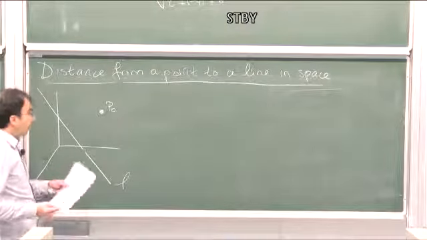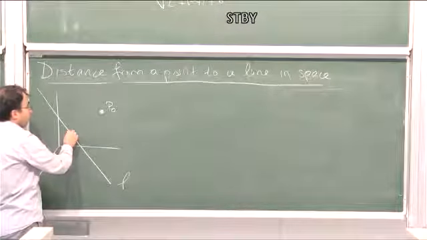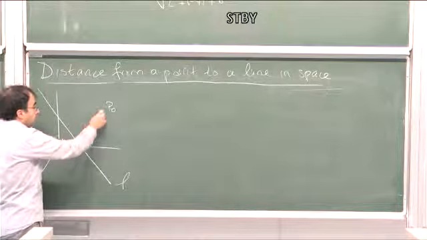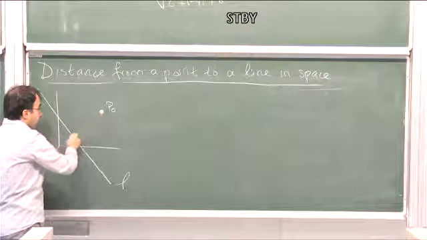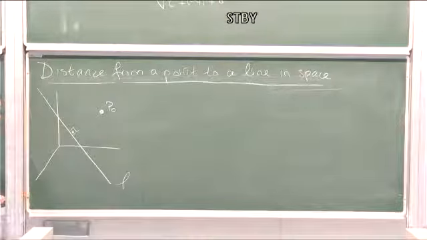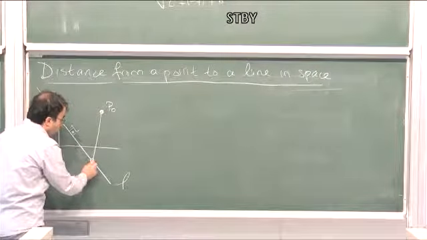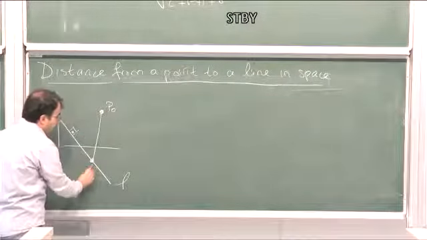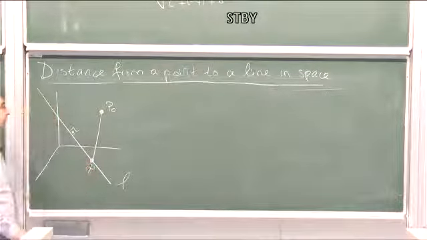So what do I mean by distance from P0 to this line? We mean this perpendicular distance, because this is the minimum among the distances from P0 to a typical point P on the line.